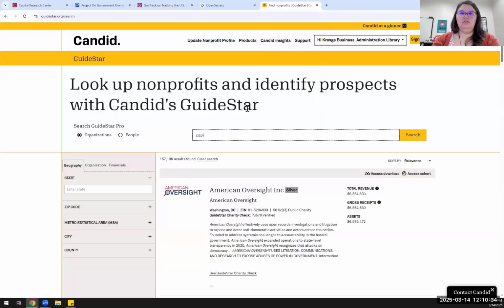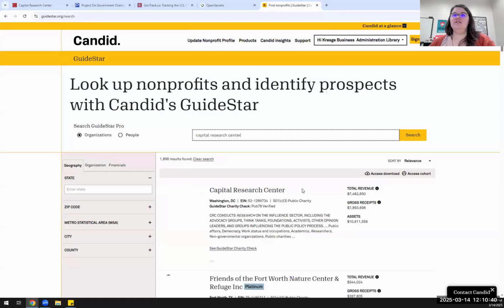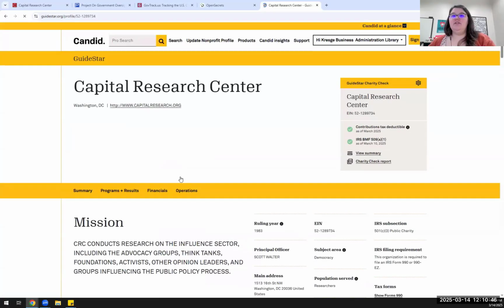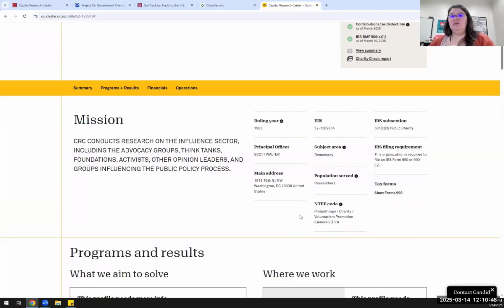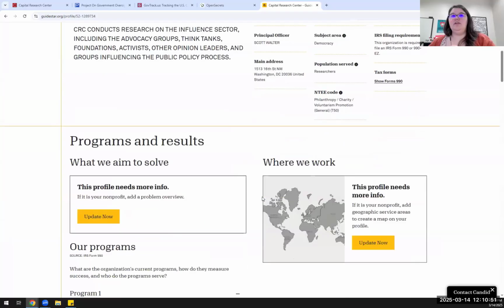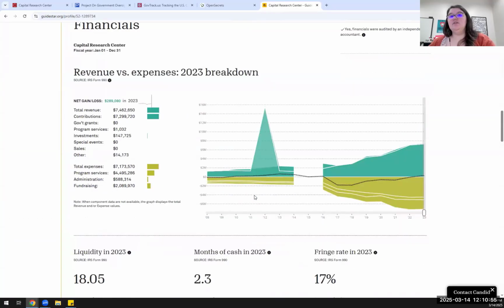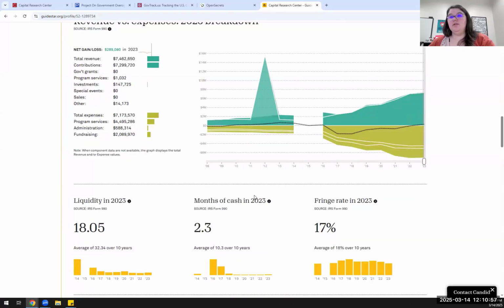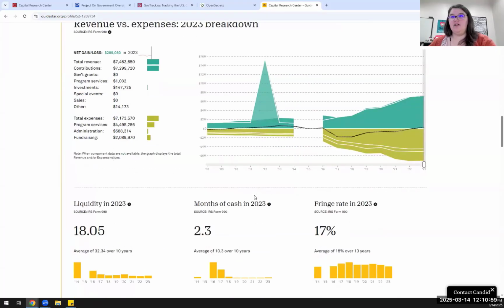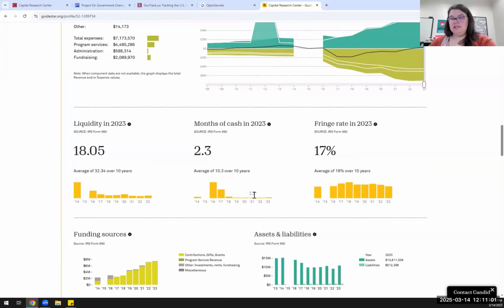But if I put it in, give it a second to search here, we can see that it's technically a charity, right? Okay. And we can look to see who its principal officers are. It talks about what their programs are. We can look at the financial information about them and their reports. So we can try to follow the money a little bit through something like this.